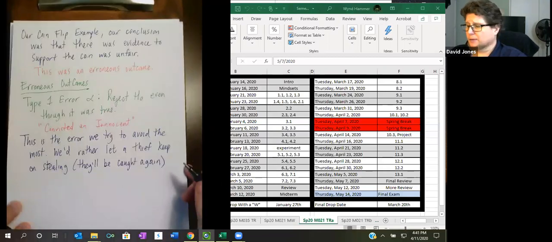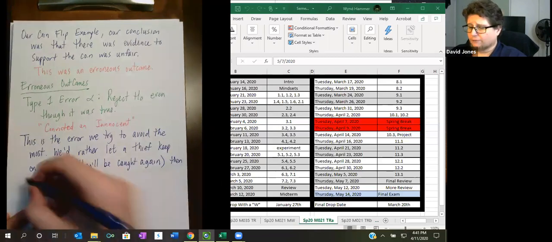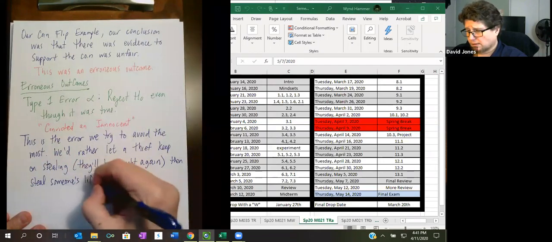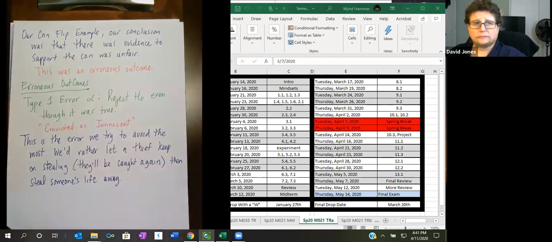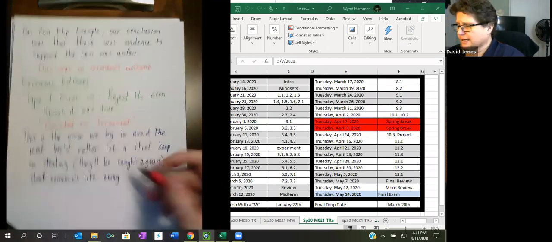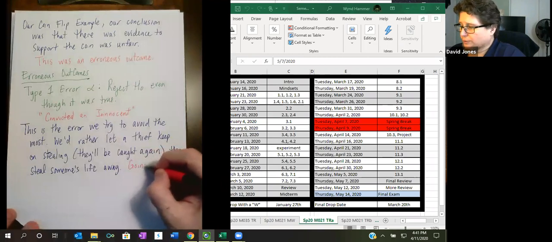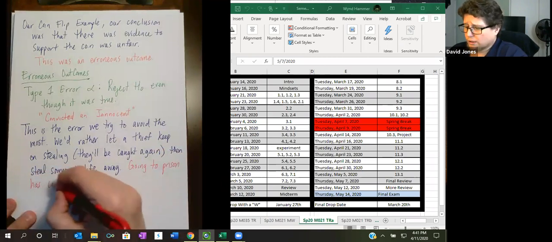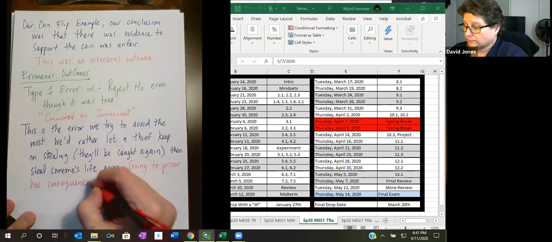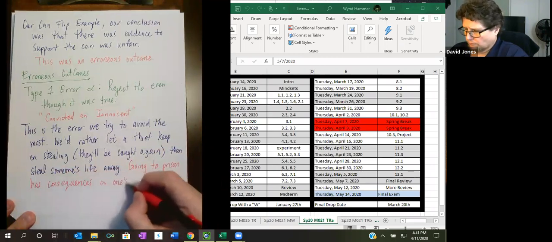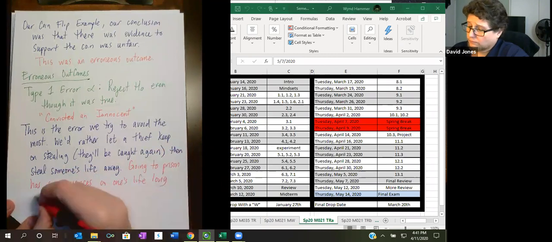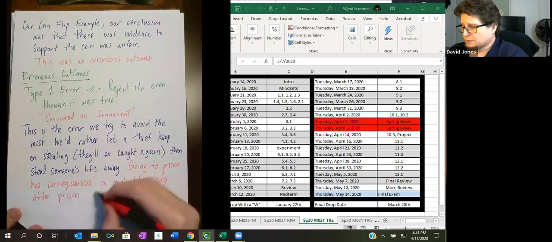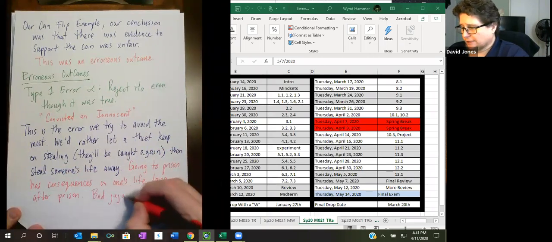We'd rather let a thief keep on stealing than steal someone's life away. Going to jail or prison has consequences on one's life long after prison, and we don't want that. This is bad juju.